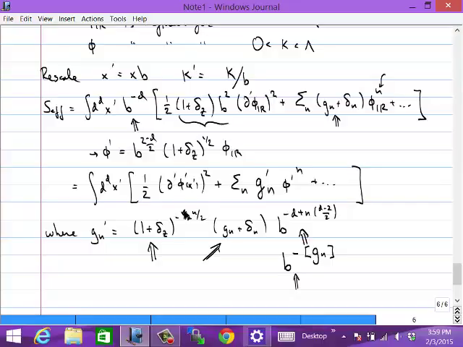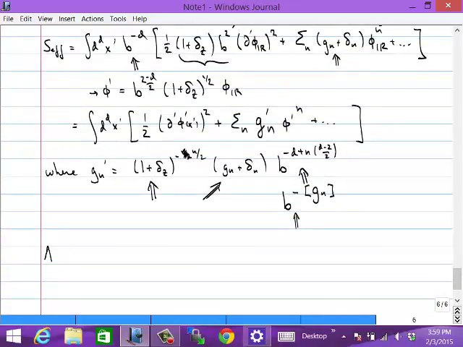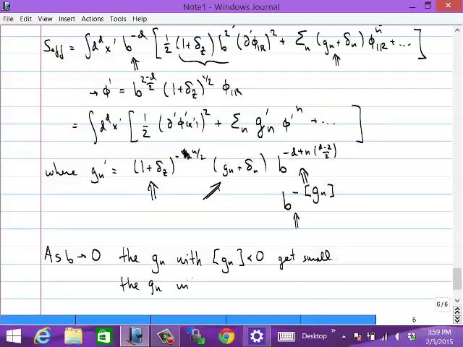So in particular, what we see is that as B goes to 0, that is to say, if we're interested in studying the physics deep in the infrared at very low energy, the coupling constants with negative mass dimension will get very small, whereas the coupling constants with positive mass dimension get very large.